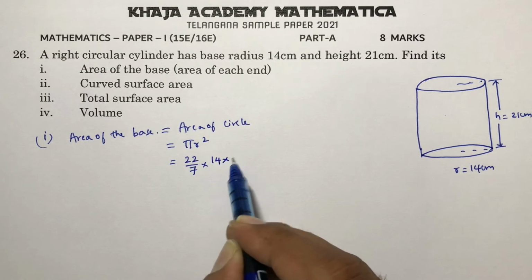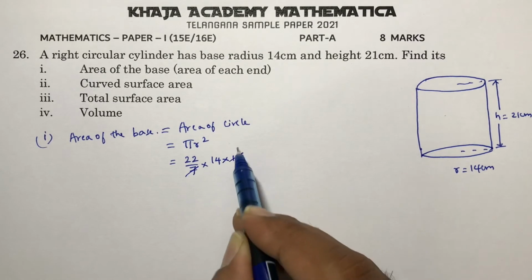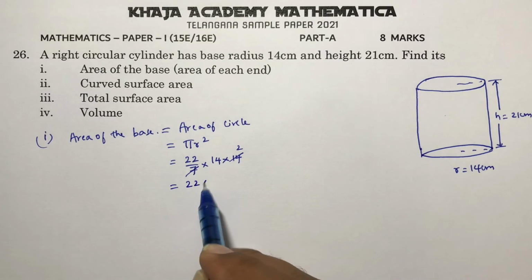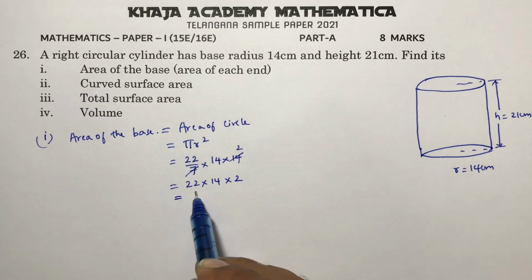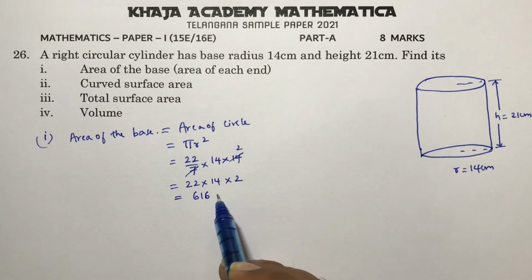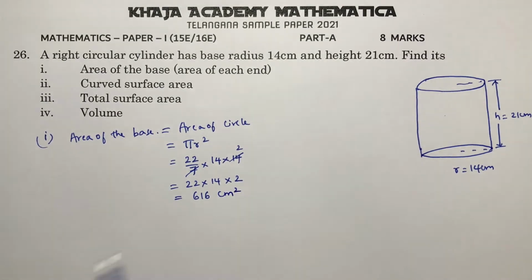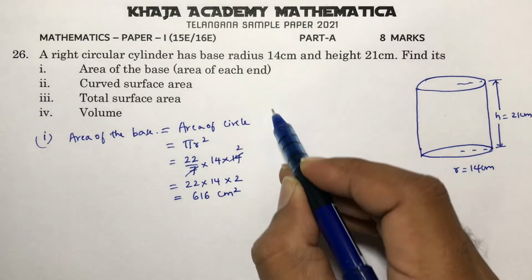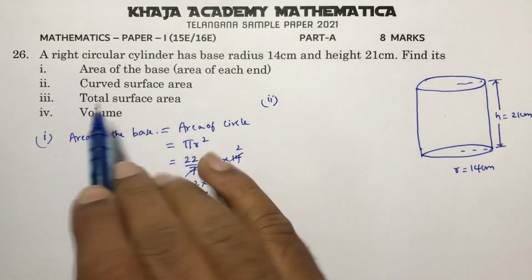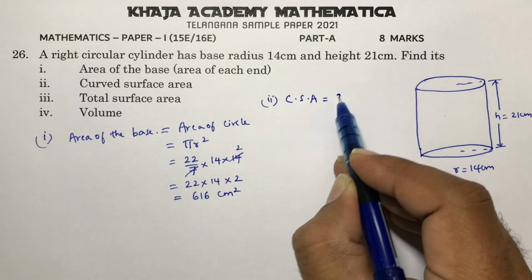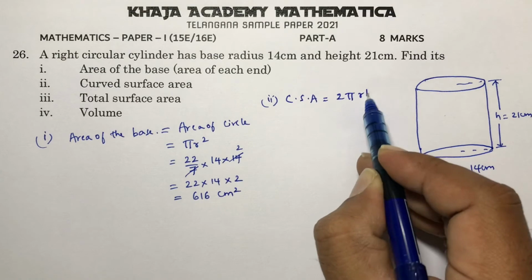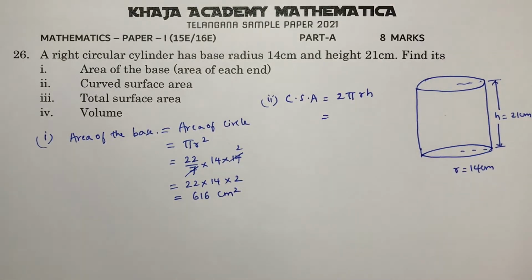Radius is 14, so 14 into 14. 7 times 1, 7 times 2. So 22 into 14 into 2. If we multiply, 616, and it is centimeter square. Next, second one, they are saying curved surface area. Curved surface area of a cylinder is 2 pi r h.